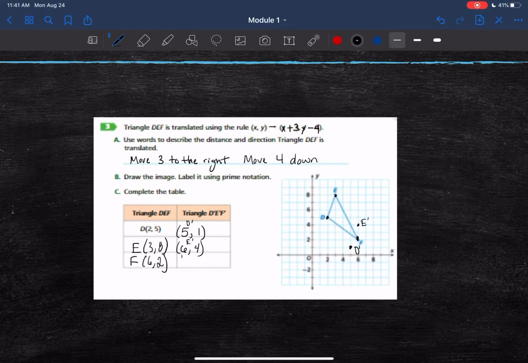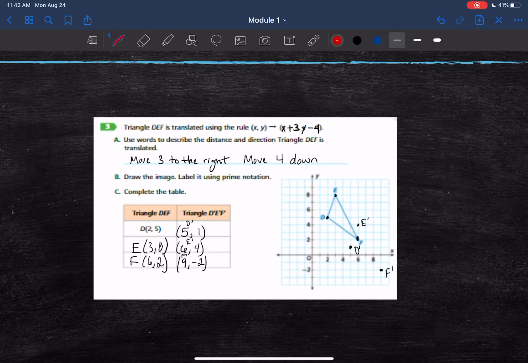So F prime, I need to add 3, so that's going to give me 9, and subtract 4, that's going to give me negative 2. 9, negative 2, it's going to be down here, and that is F prime.